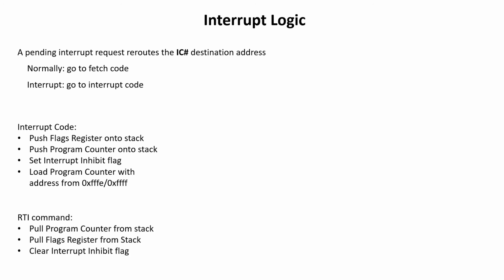And of course there is an RTI command, return from interrupt, and that instruction does exactly the opposite. So it pulls the program counter from stack, pulls the flag register from stack, and then clears the interrupt inhibit flag. So since the program counter is taken from stack, the program will resume at the original point.